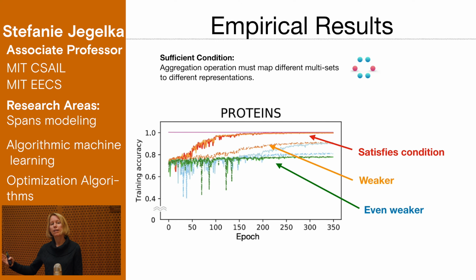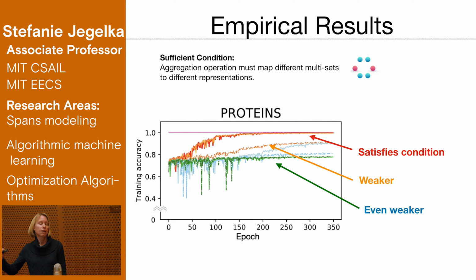From left to right, we have the number of training iterations, so the learning iterations of our machine learning model. And on the y-axis, what we have is the accuracy, so higher is better. And what we see is the red line, which is the one that satisfies the condition that we pose, that actually gives you the highest accuracy. And if you weaken that, so if you get provably weaker models, you actually see that in the end it's not even learning anything anymore.